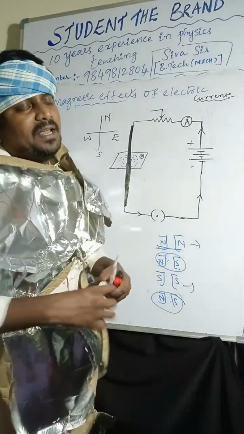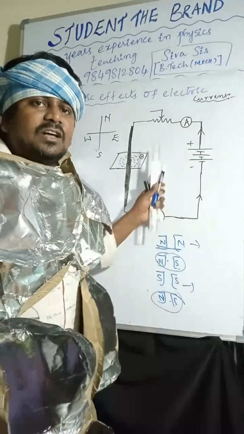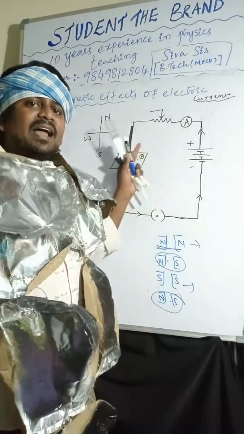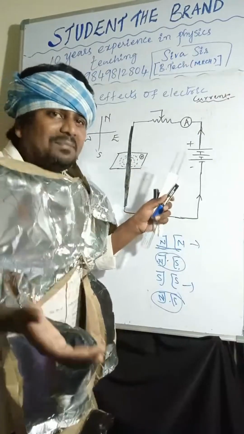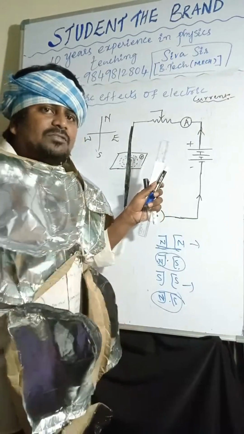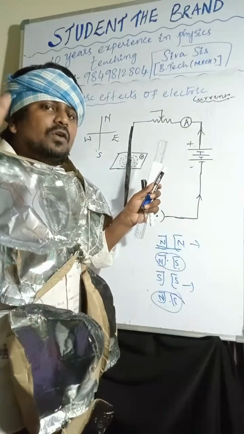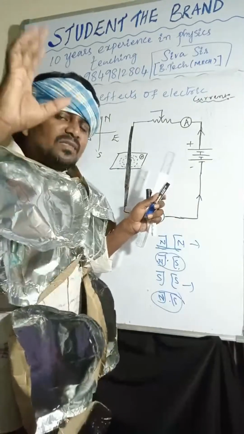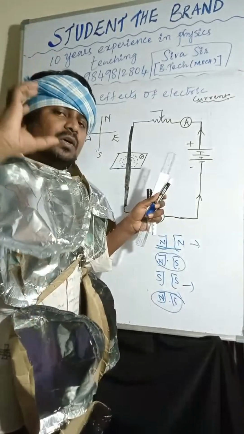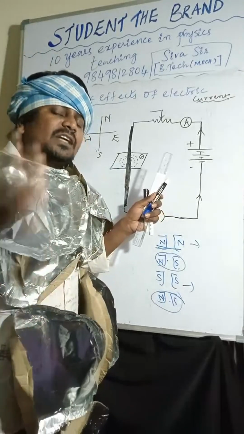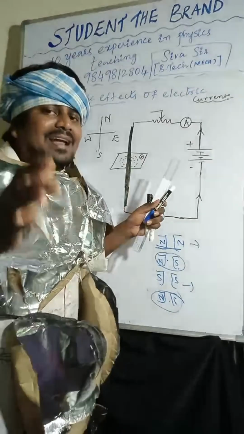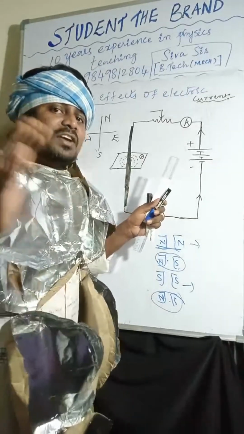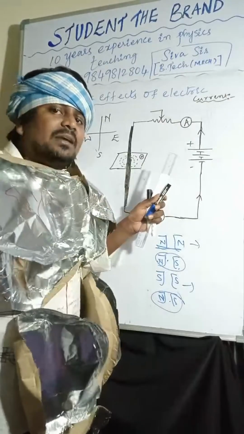Similar poles repel: north and north repel, south and south repel. North and south attract.